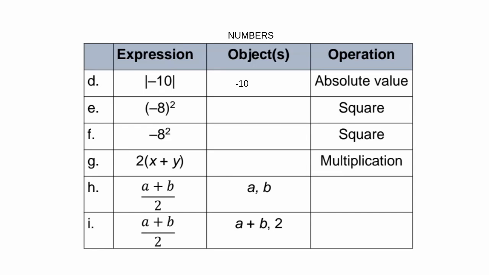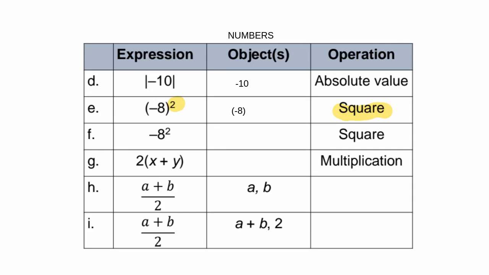Now, the operation we're told for E is square. Now, square is that little piece. Now, the object is what am I squaring? I'm squaring -8.